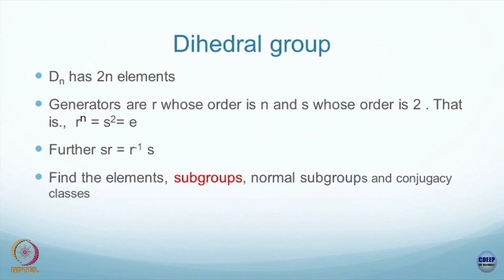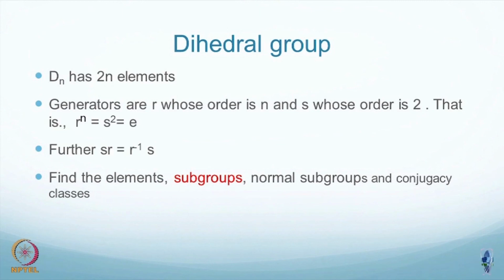It has 2 generators, R and S. The order of the generator R is n, and the order of the second generator S is 2.